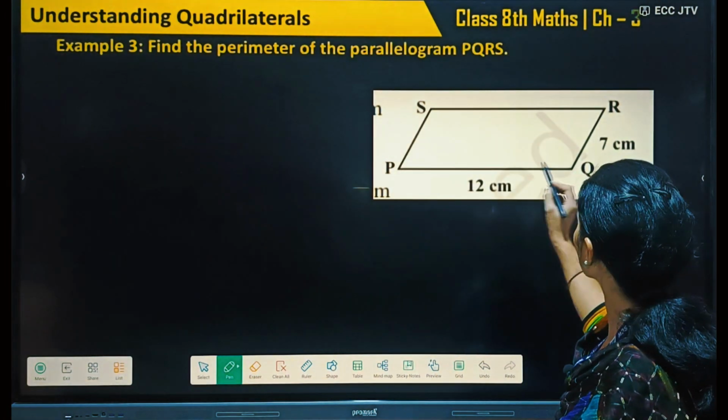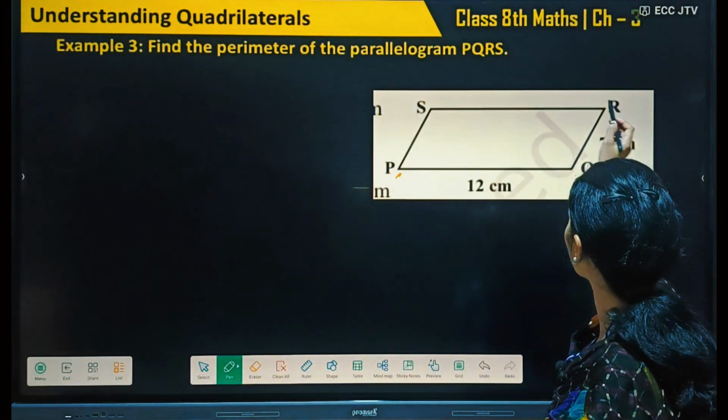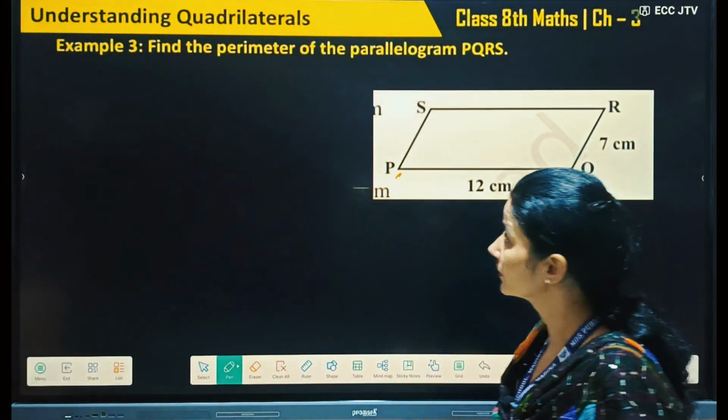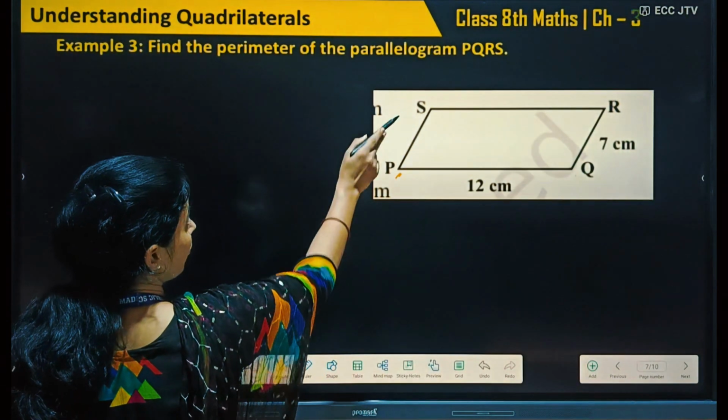This PQRS is a parallelogram. Okay. Find the perimeter of the parallelogram.